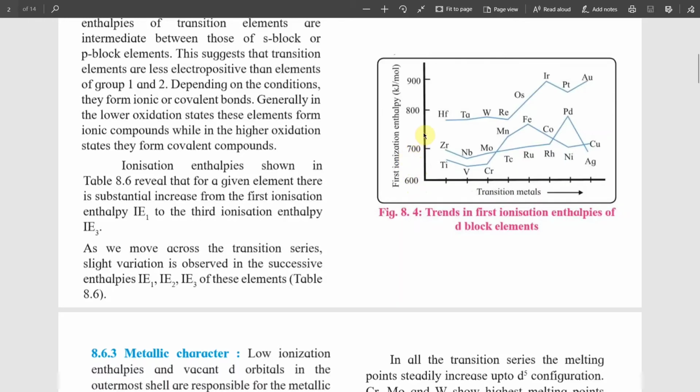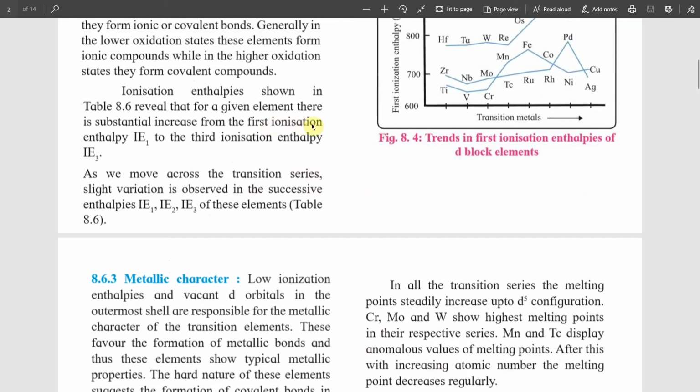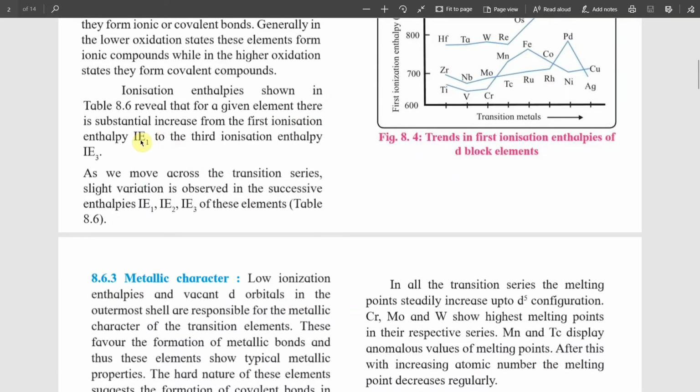Ionization enthalpies are shown for d-block elements in a graphical representation, transition metals versus post-transition metals, with first ionization enthalpy in kilojoules per mole.